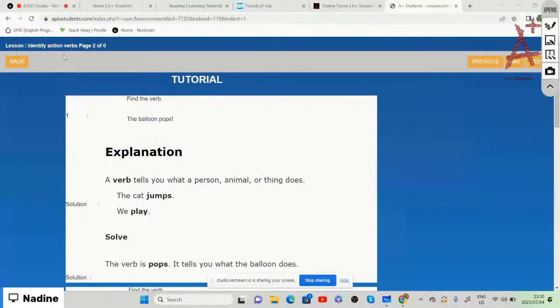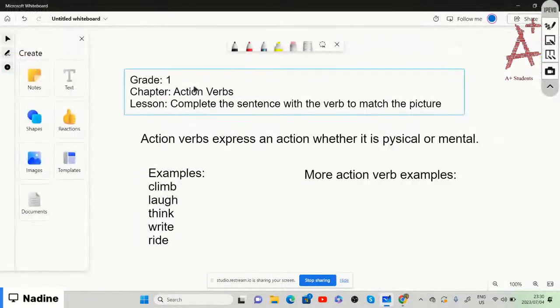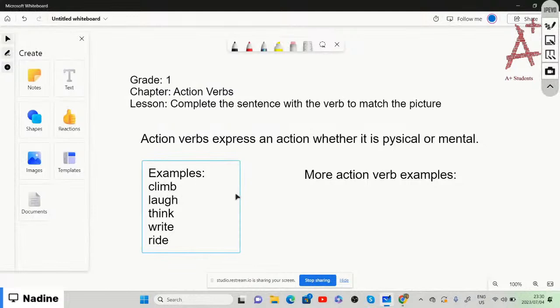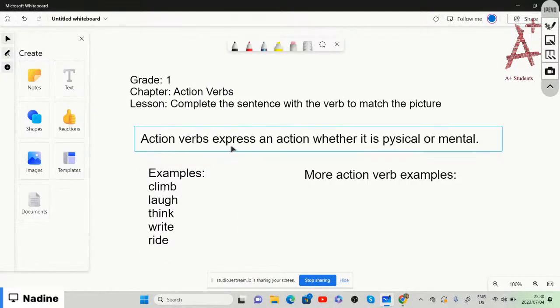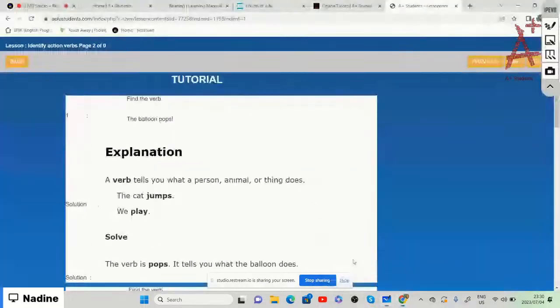So, also with identifying action verbs, on the next page, here is once again: an action verb expresses an action, which can be physical or mental. We said that a verb tells us what a person, animal, or thing does.